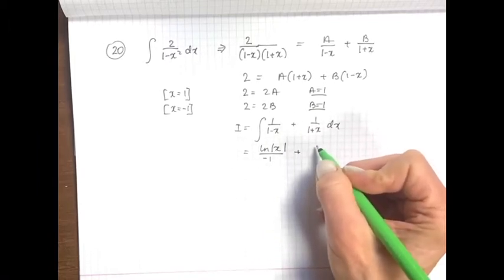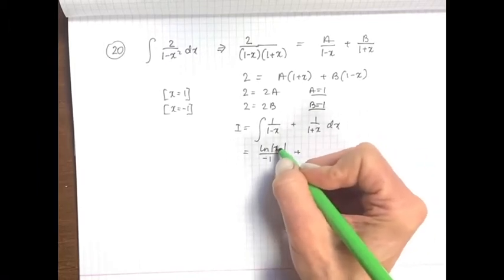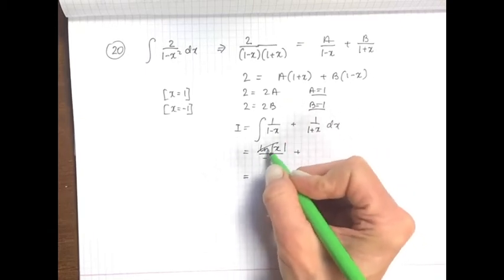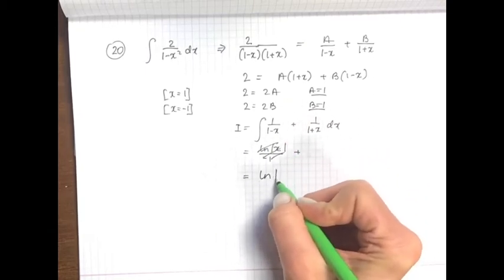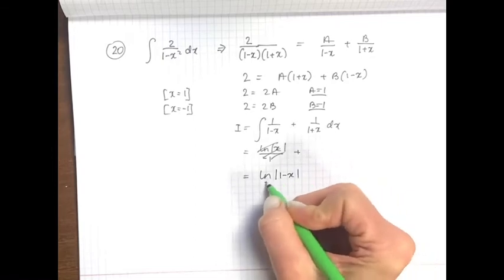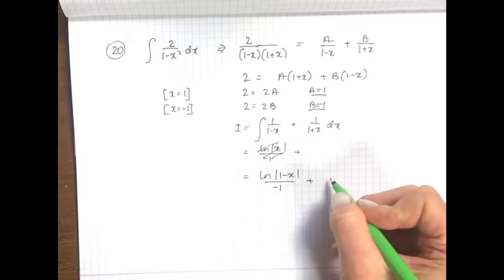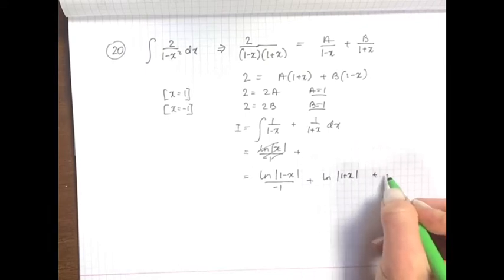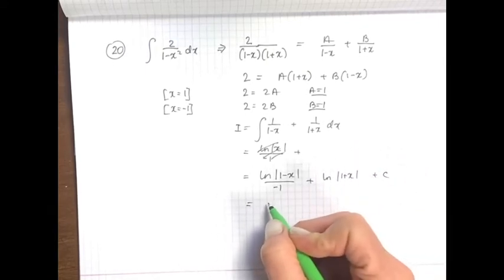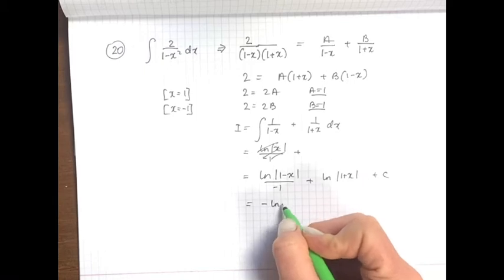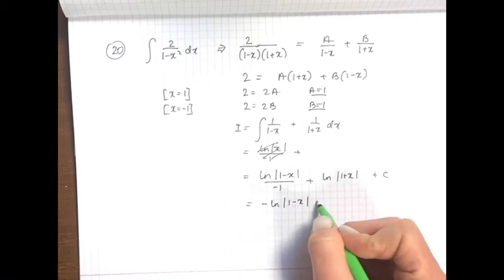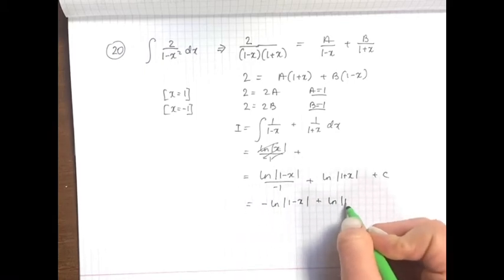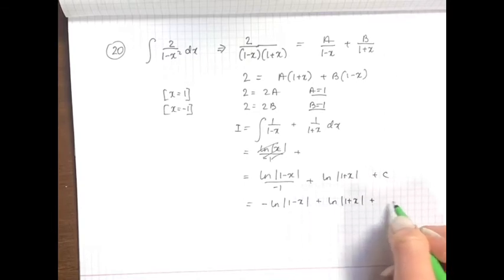And this one is going to be, not ln x, I do apologize, ln of the denominator, 1 minus x over minus 1 plus ln 1 plus x. So that's minus ln of 1 minus x plus ln of 1 plus x plus c.